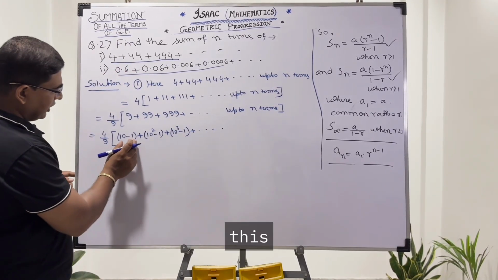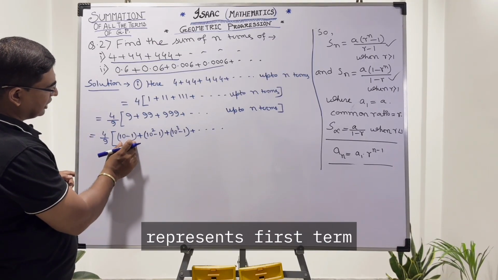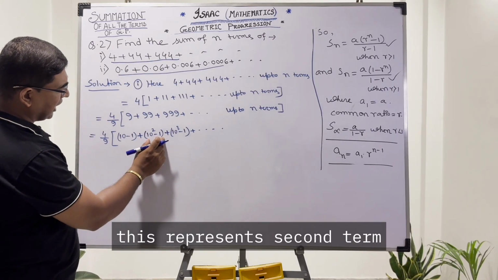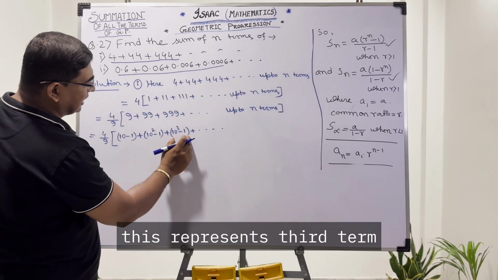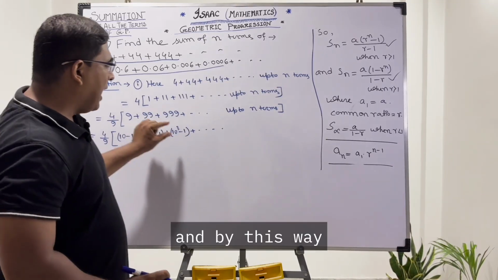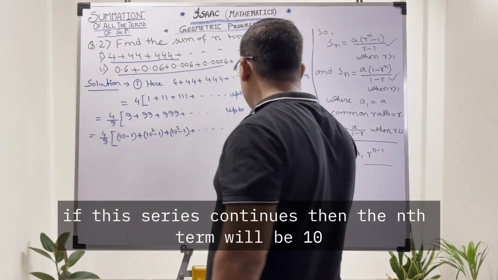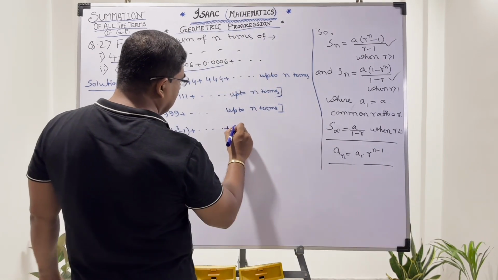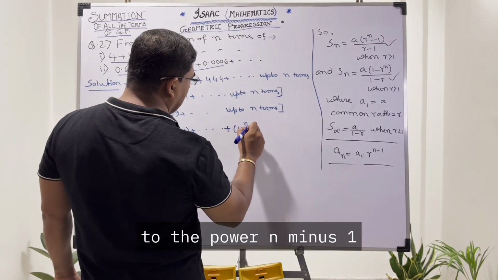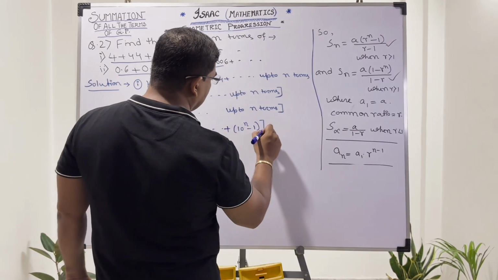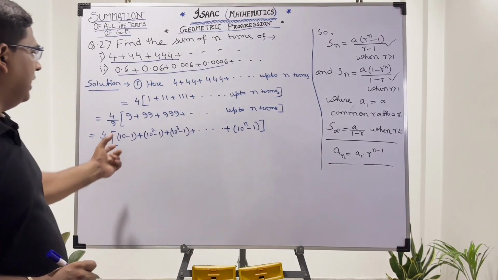So this represents the first term. This represents the second term. This represents the third term. And in this way, if this series continues, then the nth term will be 10 to the power n minus 1. Okay.